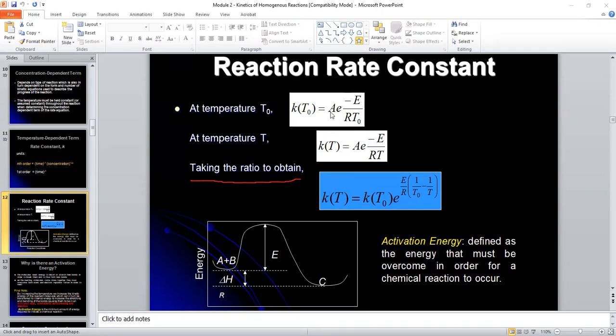Now, since you have A in both of these, they will just cancel each other. So what I'm trying to say is this. Let me annotate. You have K sub T over K sub T sub O. Since you're taking the ratio, you copy this one.